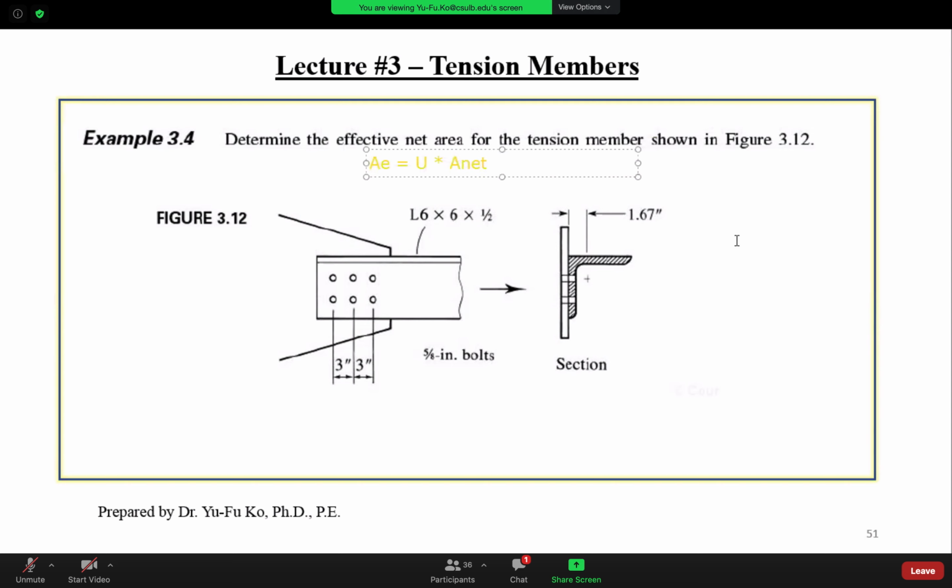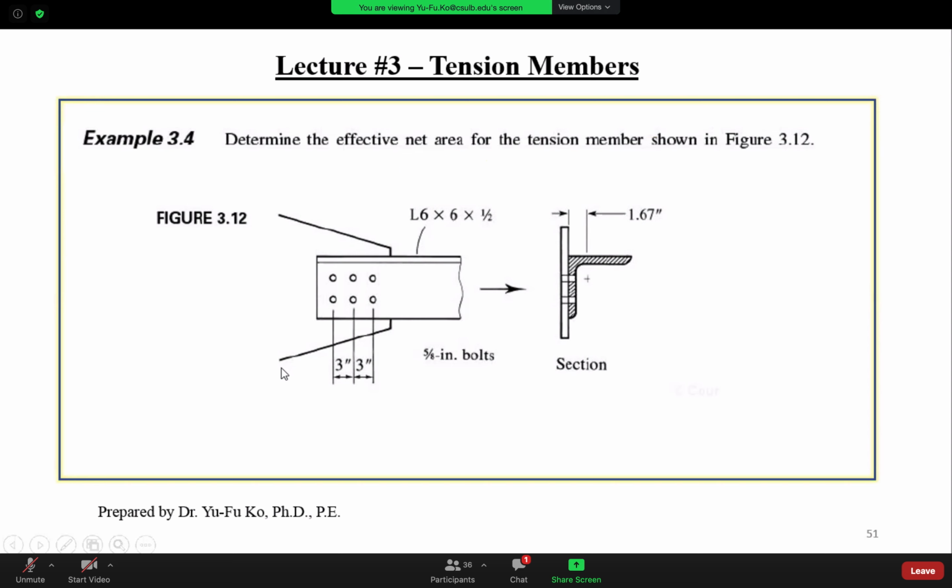So I think you already know this very well. So I'm going to show you how to calculate this factor U, and you are already familiar with the A net calculation. All right. So let's focus on this calculation one by one.